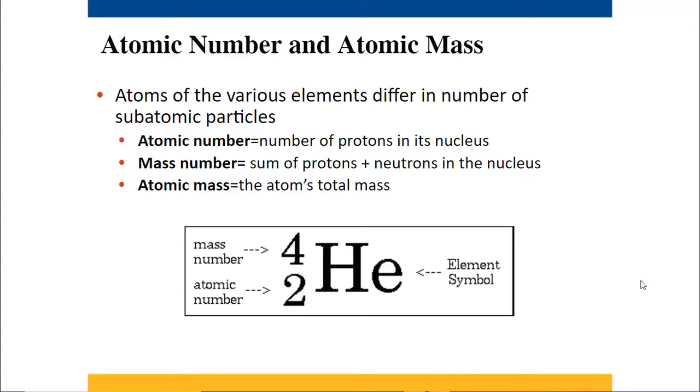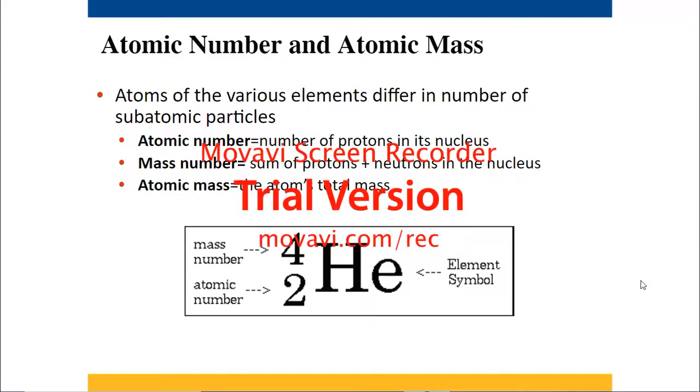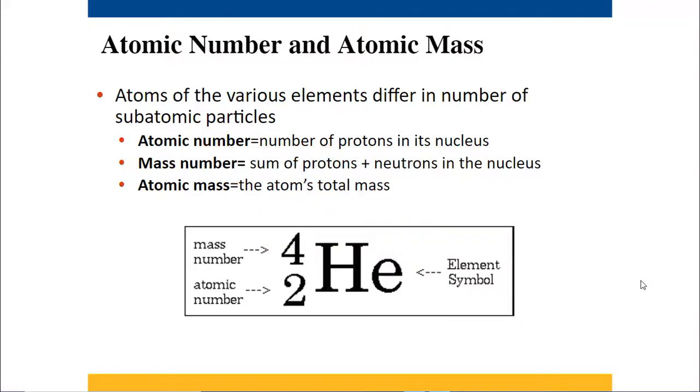So a mass number is the sum of the protons and neutrons in the nucleus. You might ask, why don't you include the electrons in the mass number? It's because the electrons are so small and weigh so little that their weight is essentially negligible.